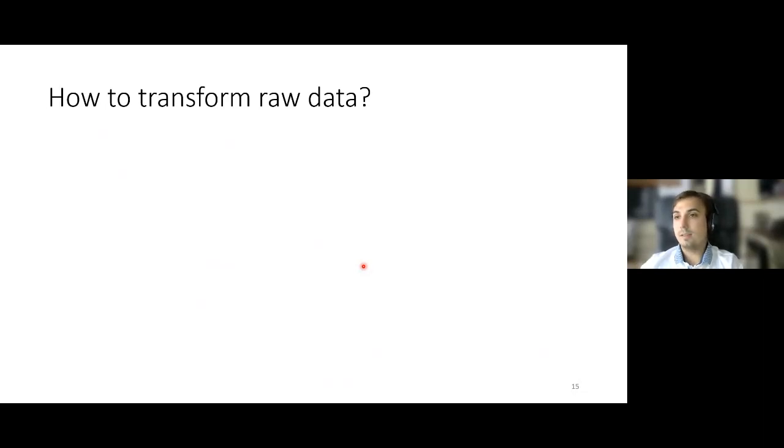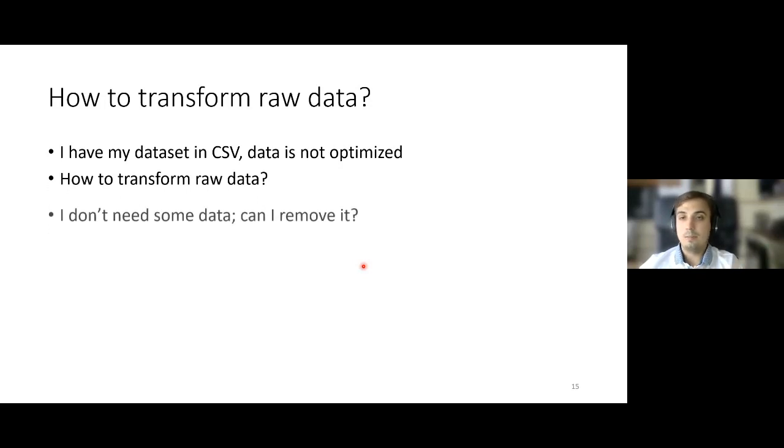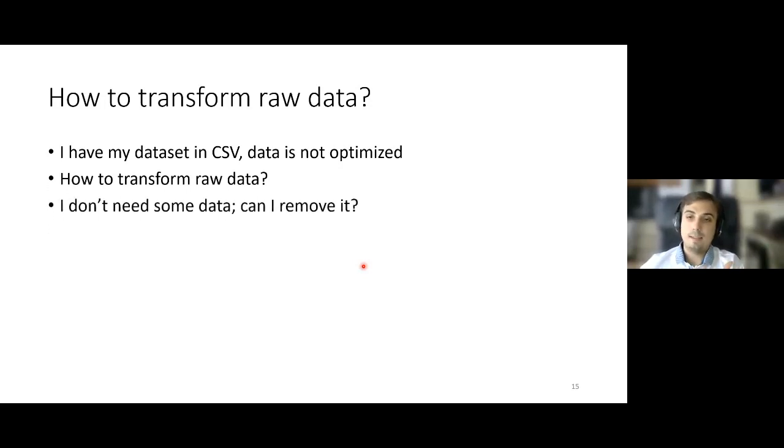For instance, I have my data set in CSV in the example I'm going to show you, and the data is not optimized. So I want to convert it into the Parquet file format. So how can I actually transform that? I can do that through serverless, of course. And if I don't need some data, I can remove it, etc.